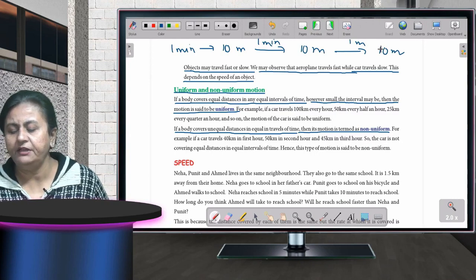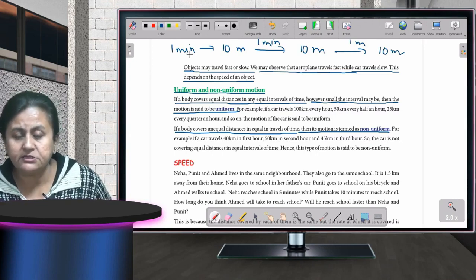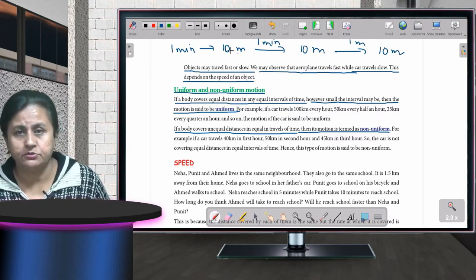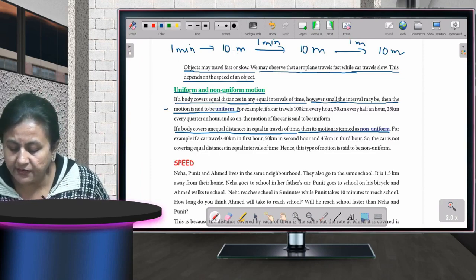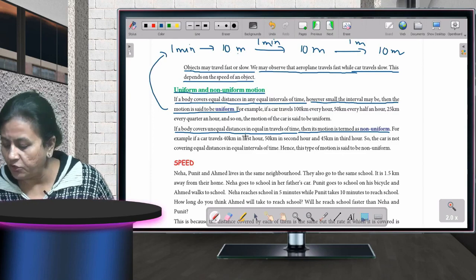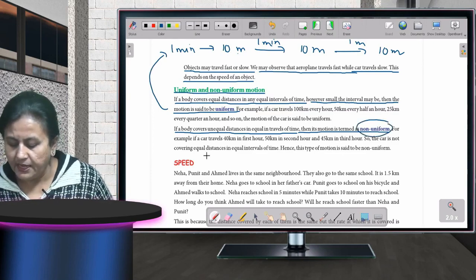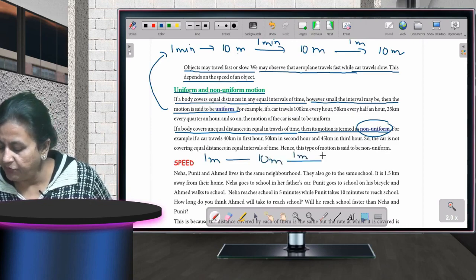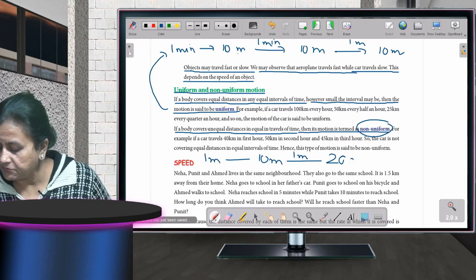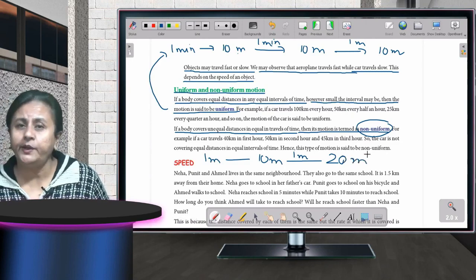That means every time, the distance is the same and the time is also the same. That is an example of uniform motion. If I talk about non-uniform, in the first 1 minute I cover 10 meters. In the second 1 minute I cover a distance of 20 meters.